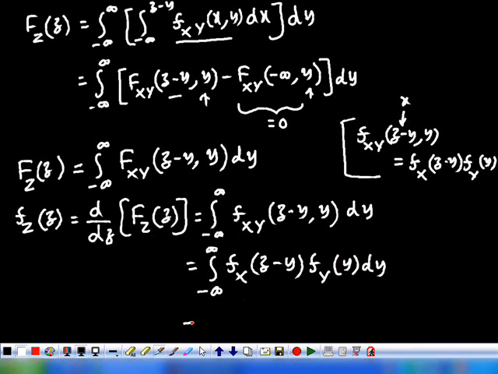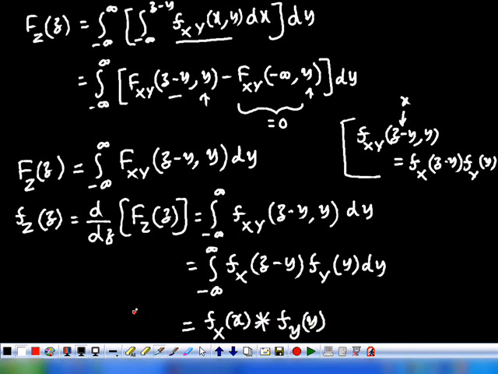This is the convolution between the two, f_X(x) and f_Y(y). Understood? Why am I writing it as f_X? Because this z minus y is equivalent to x. Therefore, I can write it as f_X(x) convolution with f_Y(y).